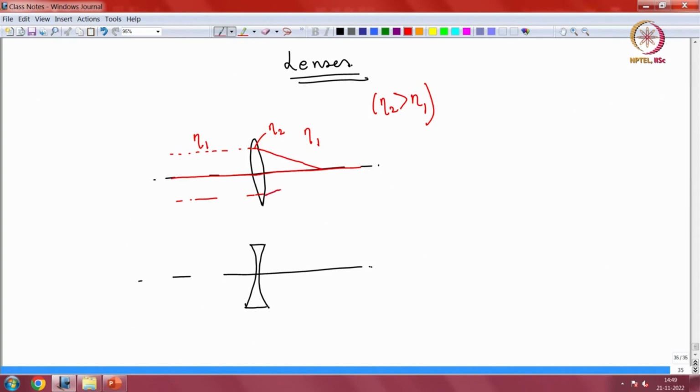Similarly for the light at the bottom, and both of them are shifted just so that they end up passing through a focused point, right. So this is your focus. The converging lens, as the name suggests, converges the light, right. That's why the name. So this is your converging lens.